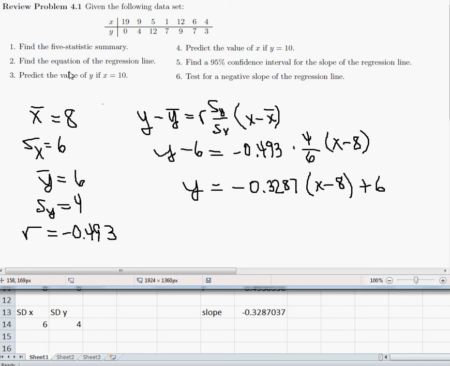For part 3 of the problem, if I know the value of x, which is 10, then the predicted value I get by just simply plugging in. So this was part 1, part 2 is here. So for part 3, the predicted y value would be equal to negative 0.3287 times 10 minus 8 plus 6.